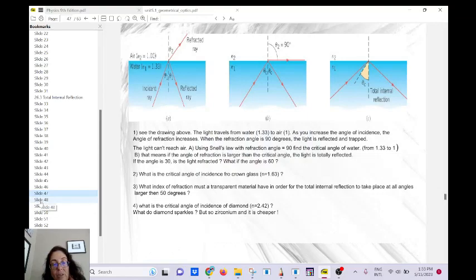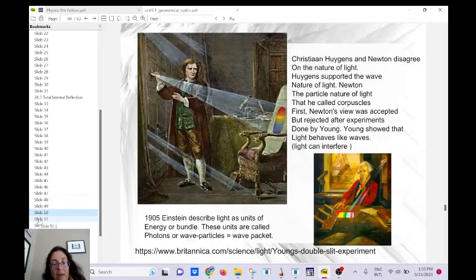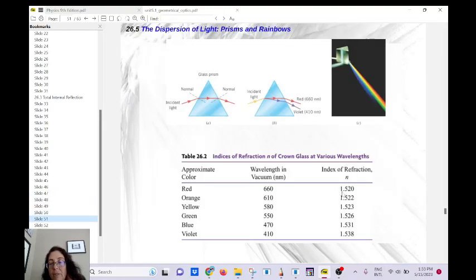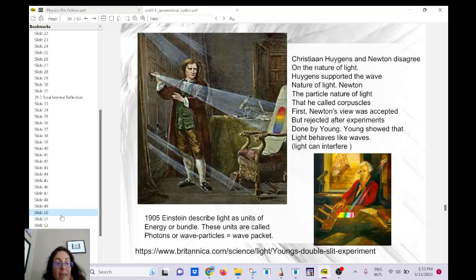Here it's just for ground glass, but if you take a diamond instead, you will have more difference between red and blue when it comes to the index of refraction. So you have more dispersion for a diamond. That makes the diamond even more interesting.